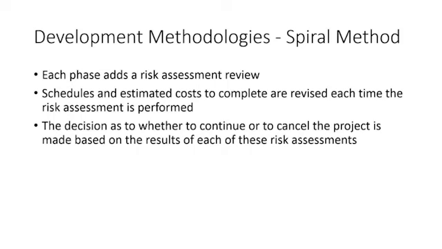We have the spiral method. Now, in this each phase adds a risk assessment review, which is going to add some complexity a little bit, but it should also make it a stronger development methodology, right? Because now we're getting in and looking at risks that are associated with the different phases of our development. So schedules and estimated costs to complete are revised each time the risk assessment is performed.